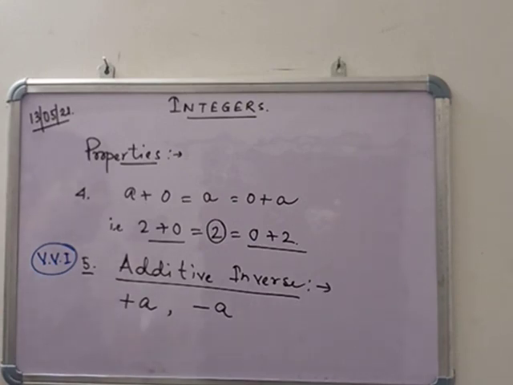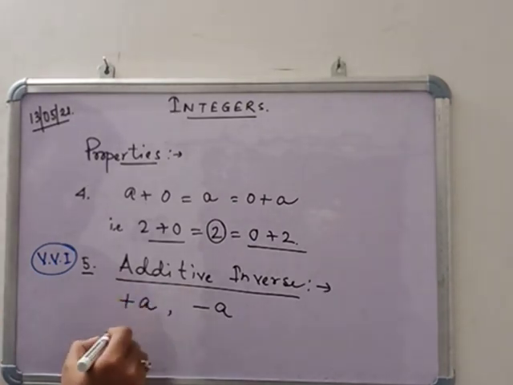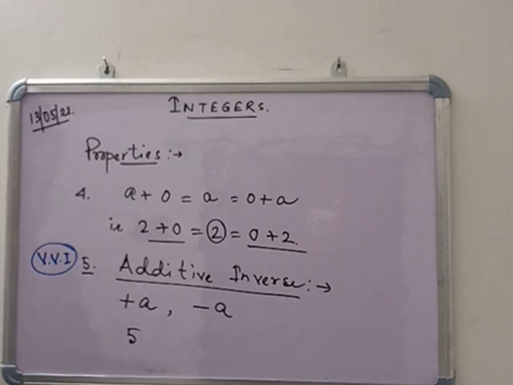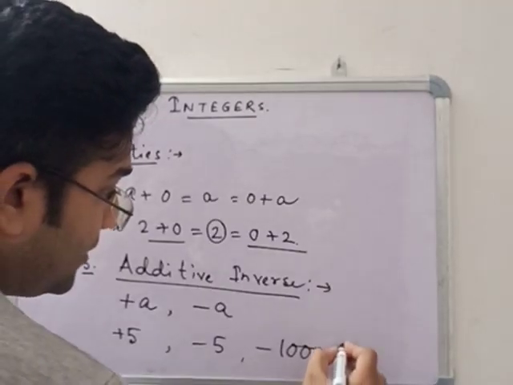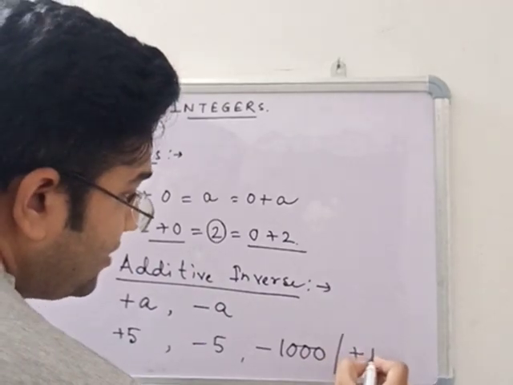Suppose you are thinking of the number 5. If you are thinking about plus 5, that means minus 5 also exists. If you are thinking of minus 1000, that means plus 1000 also exists.